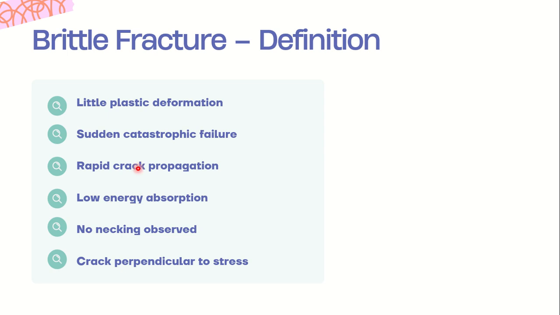Here, this is rapid crack propagation. Then low energy absorption. In ductile it is high energy absorption. No necking is observed because of the sudden formation of fracture. Then the crack is perpendicular to the stress. We will see this in the graph as well.